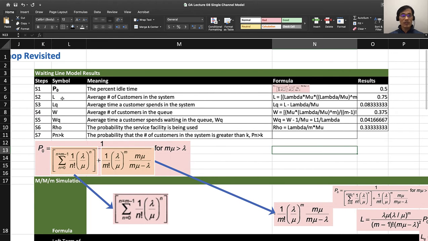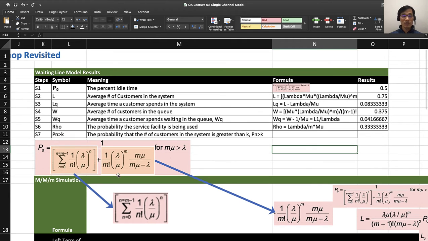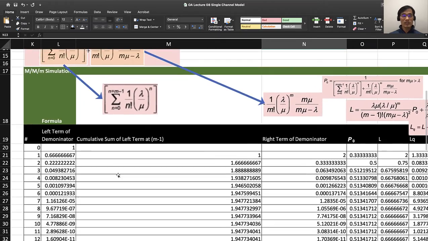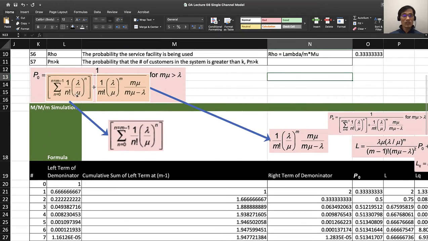For example, P0 is very complicated, and that's a starting point. We have to do this calculation first. And what I did was look at this formula. It is 1 over this first part of the denominator and the second part of the denominator.